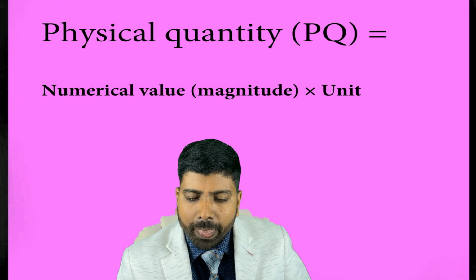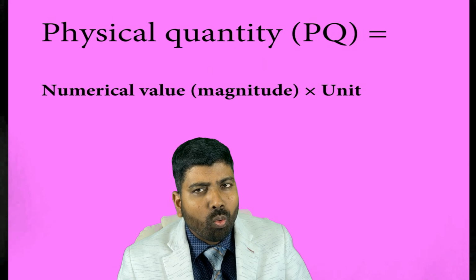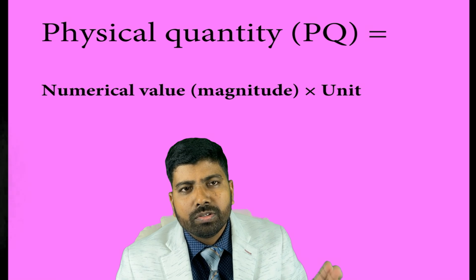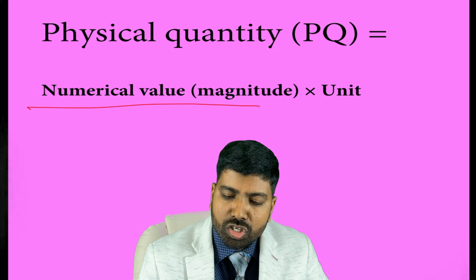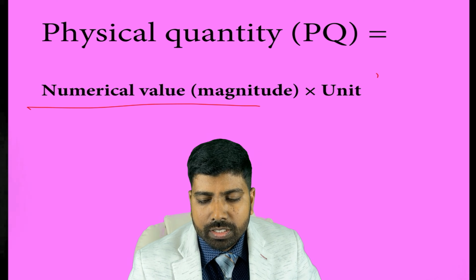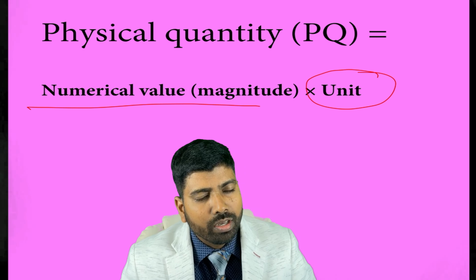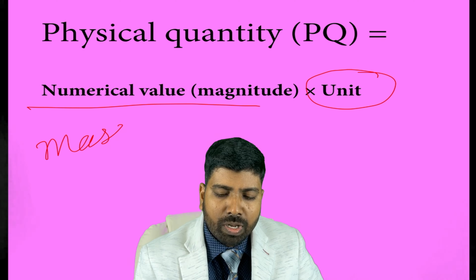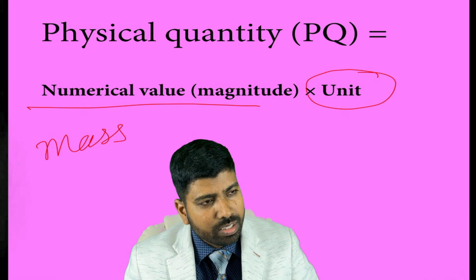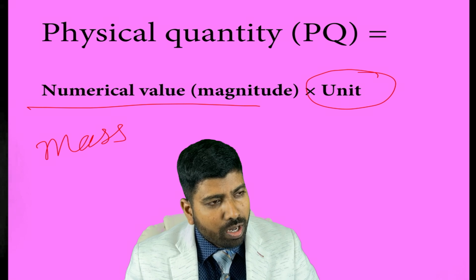All the physical quantities have two parts: one is the numerical value, another one is its unit. For example, is mass a physical quantity? Yes.